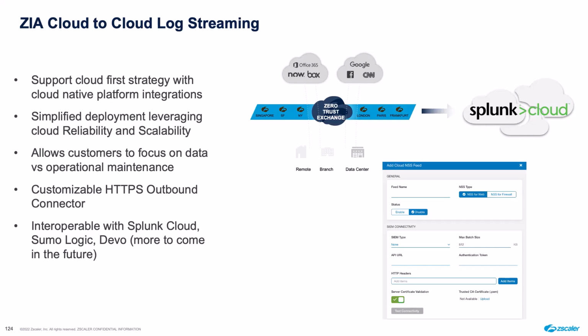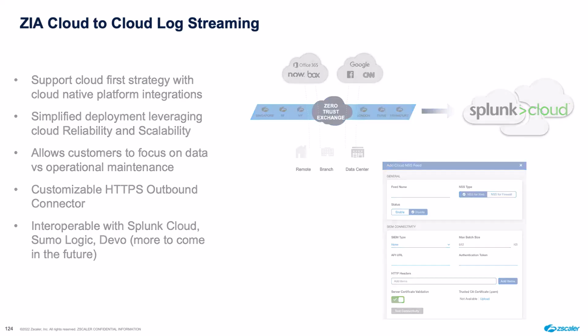So you configure those log types, the SIEM type, the API, an authentication token, any headers that need to be sent, and identify the specific certificate that's going to be trusted, and upload the CA certificate from your Splunk Cloud so that we can verify the certificate validity for the streaming of those logs towards the Splunk Cloud.